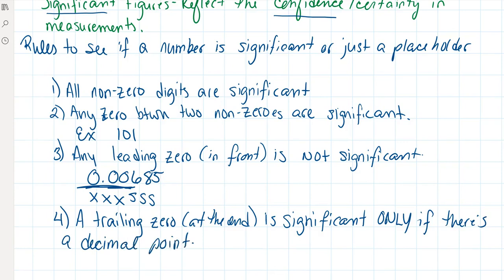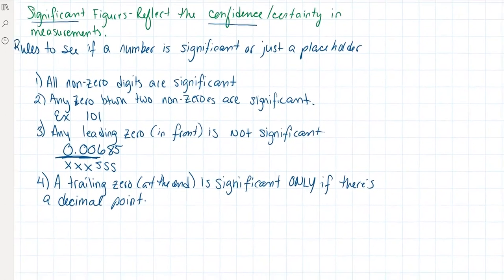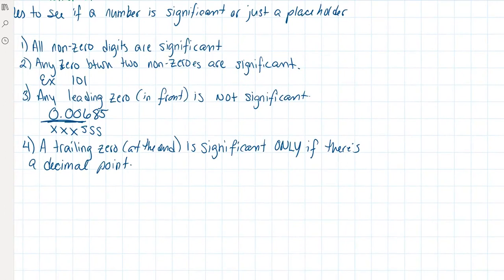So let's take a look at some examples keeping these rules in mind. What we're going to do is look at a measurement and determine the number of significant digits in each measurement.